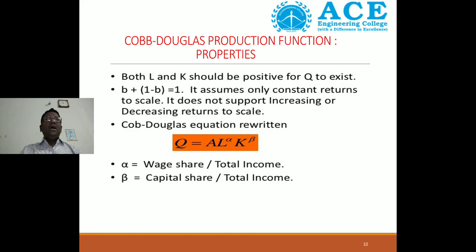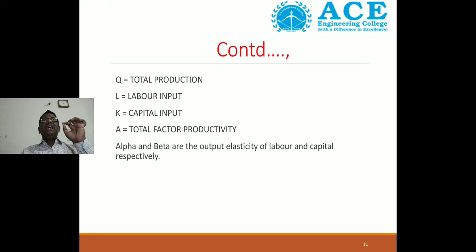Then beta. What does beta indicate? Beta means the capital share, where K means capital. Beta is equal to the capital share by total income. What does each variable indicate in this equation?